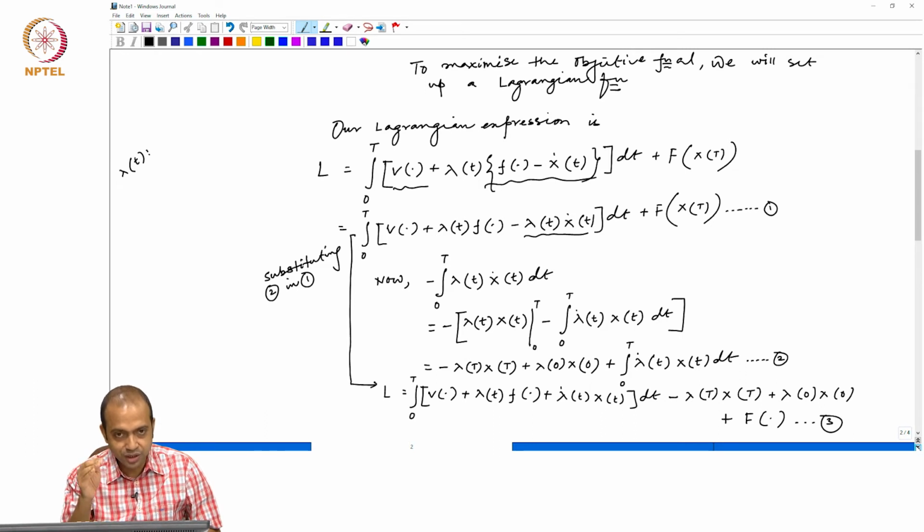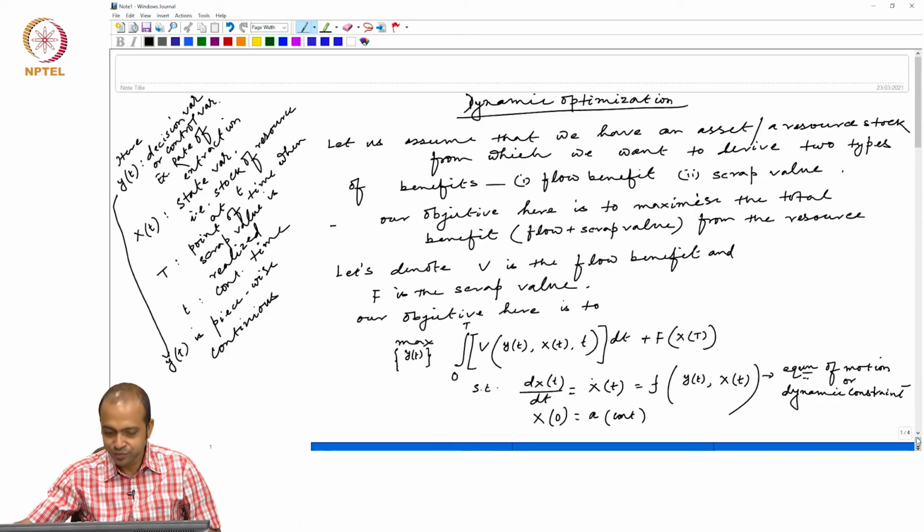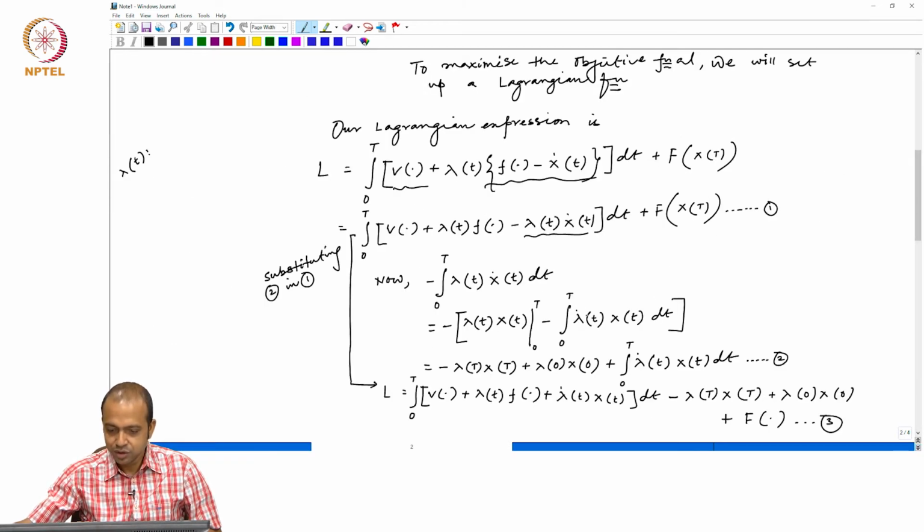Instead of using the resource today, if you keep it, what is the benefit that you are going to get? Or you can think of this as opportunity cost of using the resource today. And since this lambda t is attached with the state variable, sometimes it is also called co-state variable.